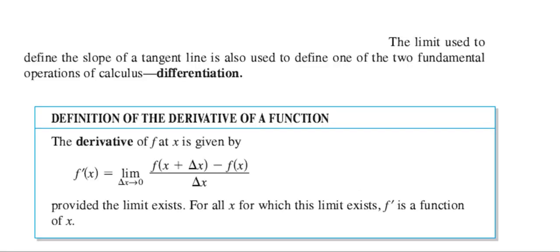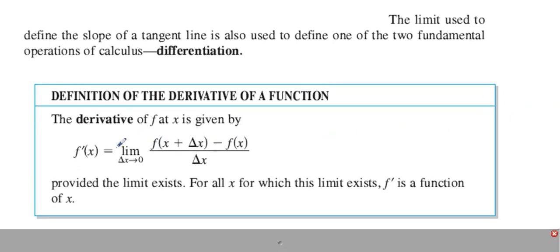That limit that we just learned about yesterday to define the slope of a tangent line is also used to define one of the two fundamental operations of calculus: differentiation, or finding the derivative. If you'll notice, the definition of the derivative of a function is given by this limit that we worked with yesterday. The derivative of a function f at some value x is given by f prime of x.